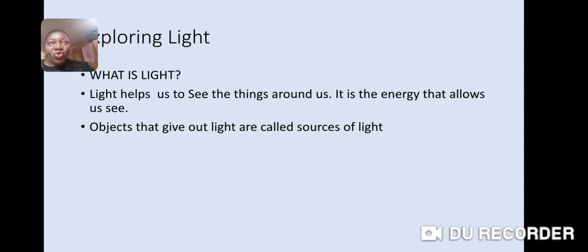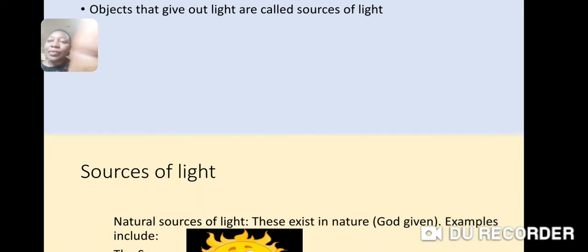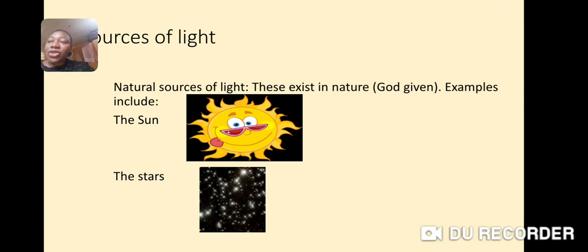Now, we want to move on to sources of light. We have objects that give us light. The objects that give us light are called sources of light. So, sources of light. Natural sources of light are the sources of light that exist in nature. We can say they are God-given sources of light.